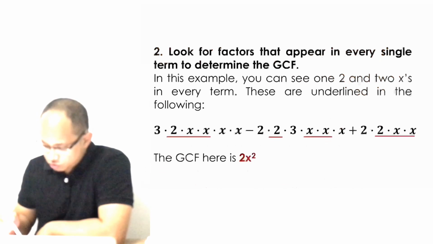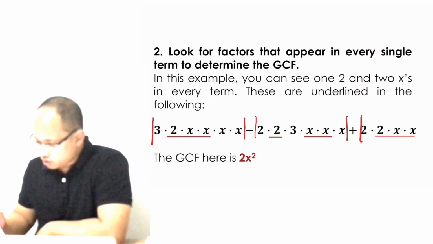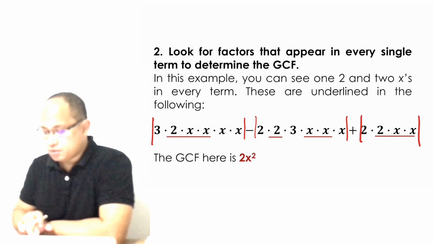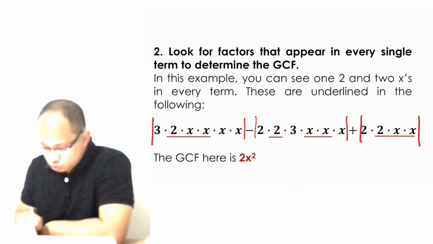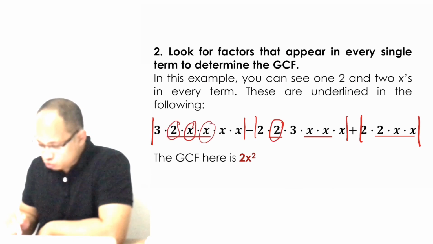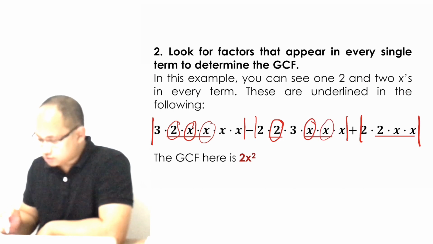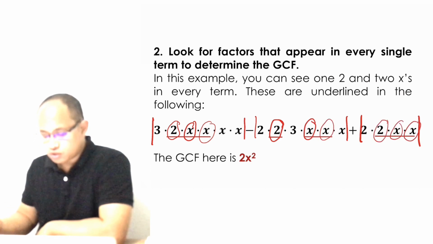Now, we are going to break this into groups so that we will know which one we are going to find. So how many groups do we have? 3. In each group, you have a 2, an x, and an x. So what is common?